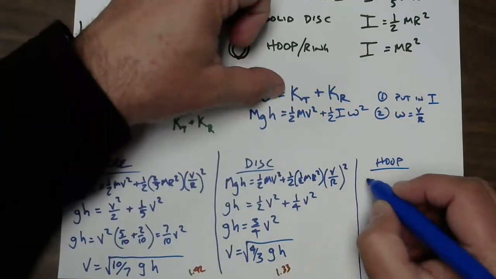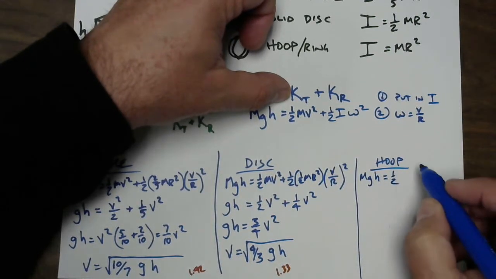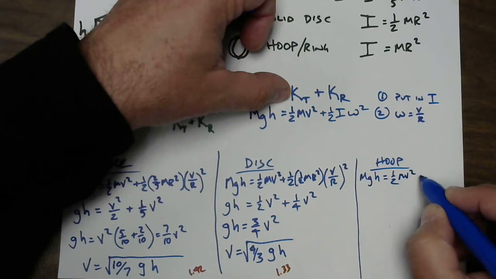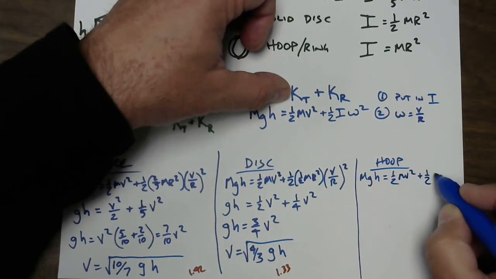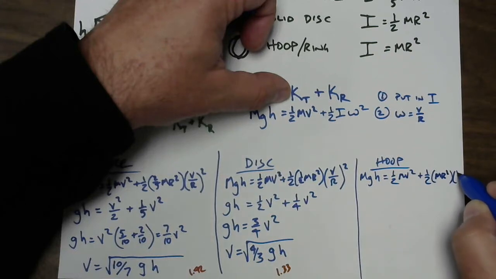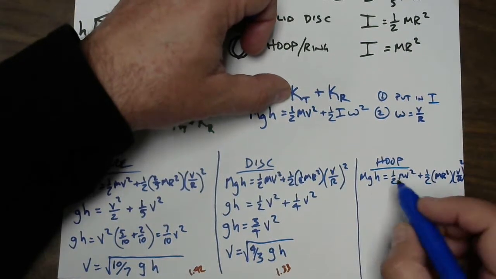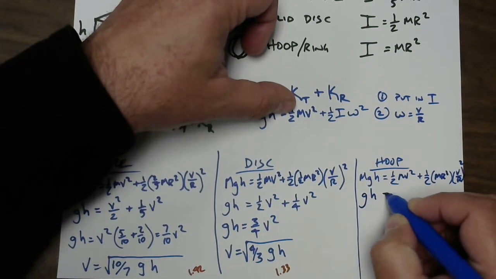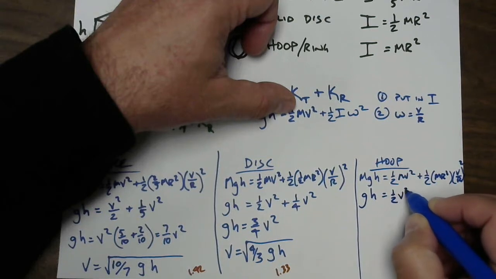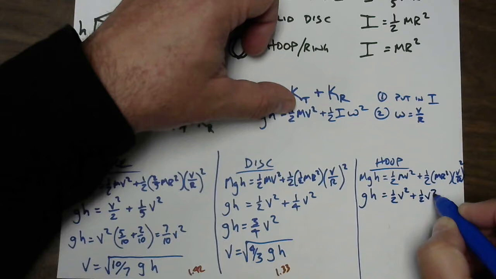Let's see what happens with the hoop. M times G times H equals 1/2 mv squared plus 1/2 of mr squared times v over r quantity squared. Almost ran out of room there. Okay, m's cancel everywhere again, leaving gh on this side, 1/2 v squared on this side, and now 1/2 v squared again.